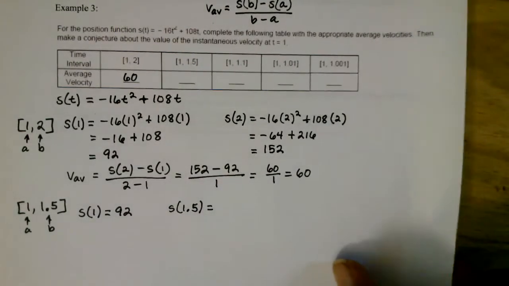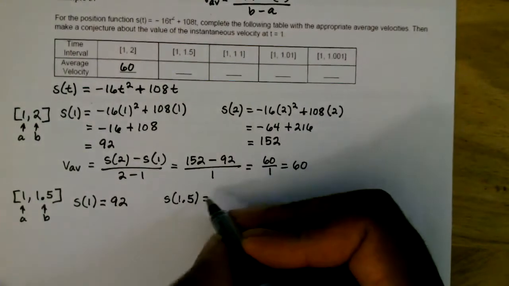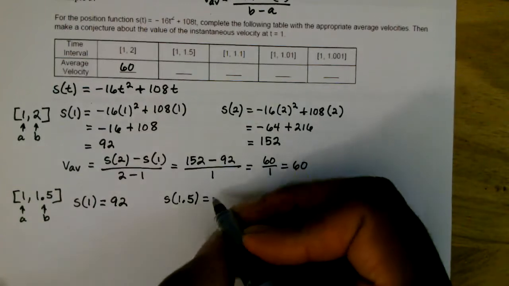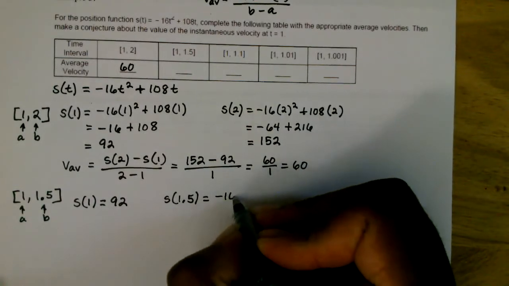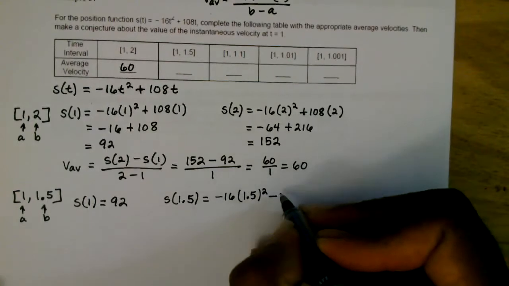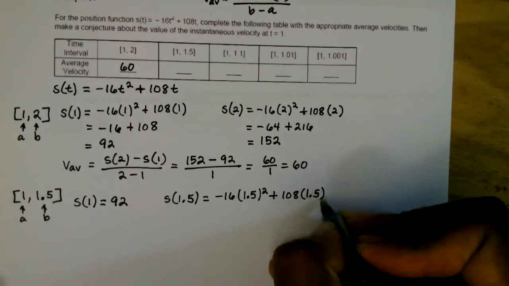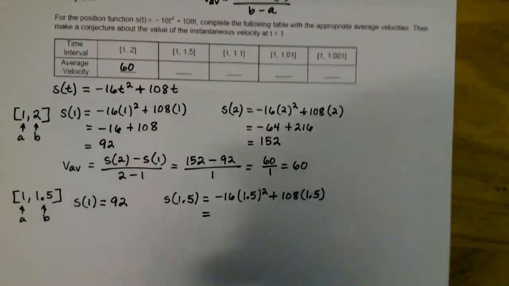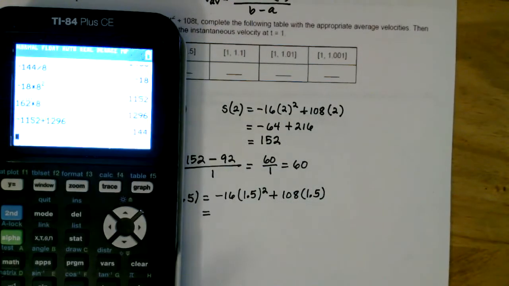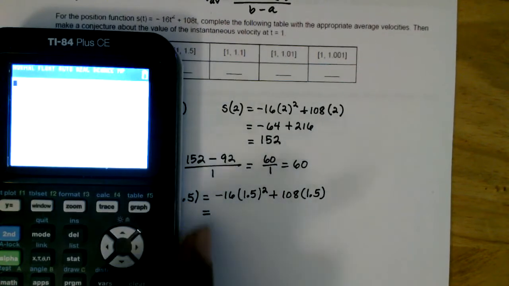So for S of 1.5, that would mean I need to substitute each t with 1.5. So it would be negative 16 times 1.5, and that's squared, plus 108 times t, which is 1.5. Now with this, I'm going to use the calculator instead of trying to do it manually.